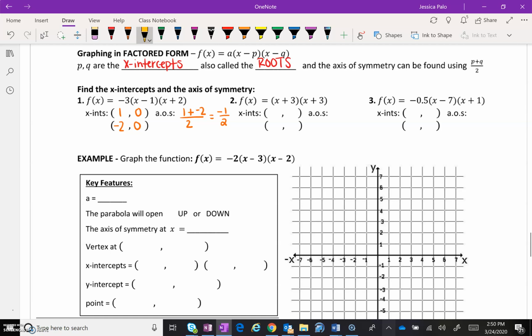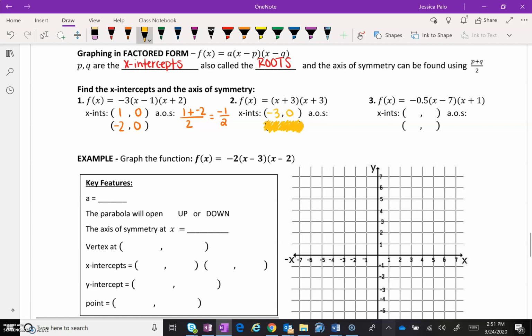The second one, our x-intercept is negative 3, 0. So we don't need to do this twice because there aren't two x-intercepts. So really, this should only be written one time.